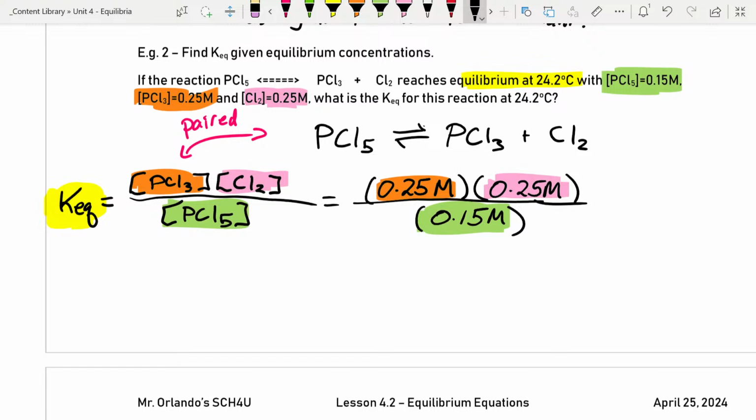And, oh golly, what's a quarter of 0.125? That'd be 0.06125. And then 0.06125 divided by 0.15 is going to be equivalent to, I can do this.